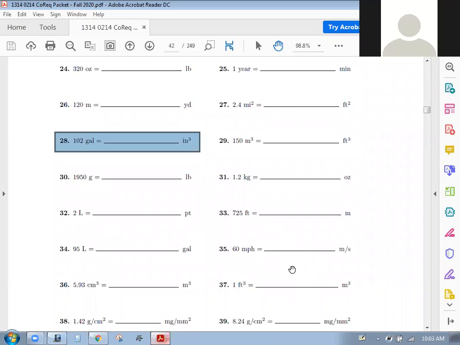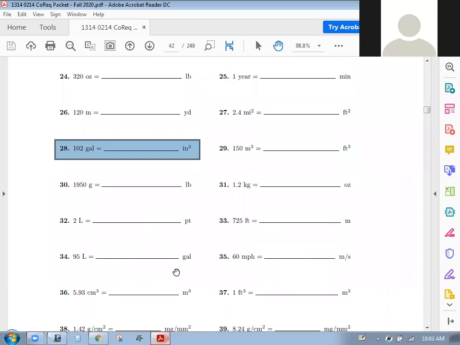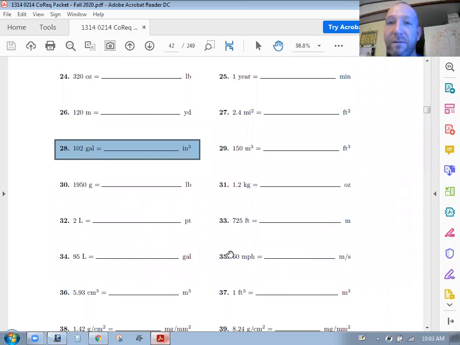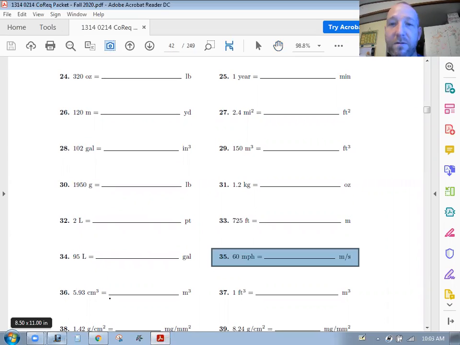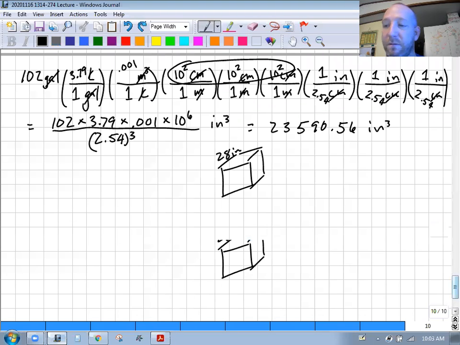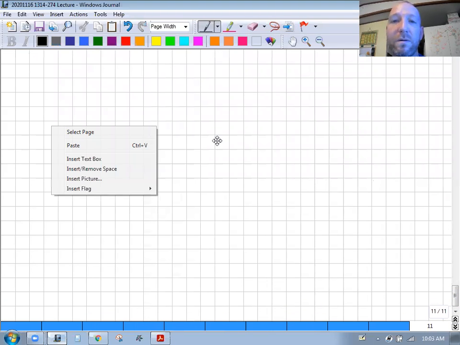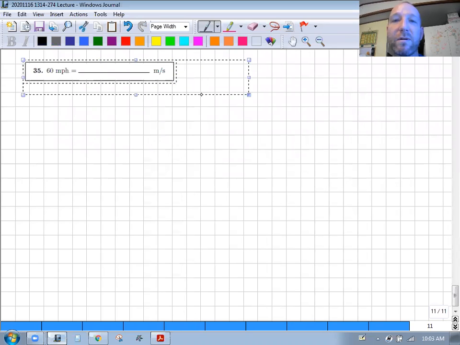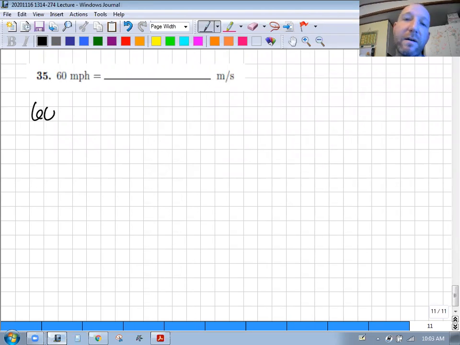Number 35. All right. So we have 60 miles per hour, right? And we got to convert that to meters per second. So we need a conversion between miles and meters.